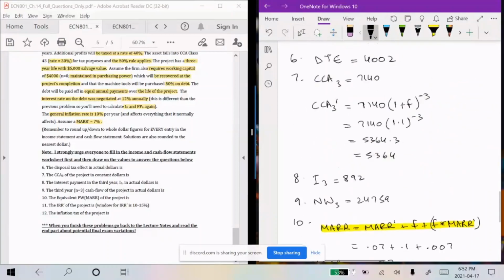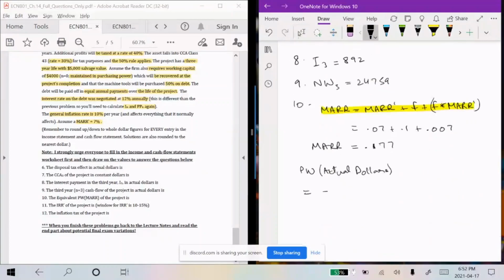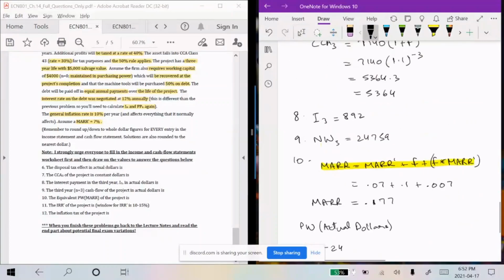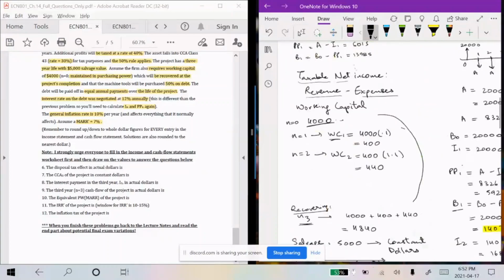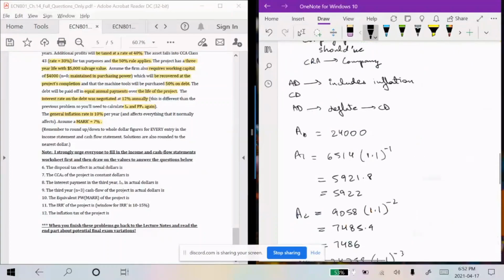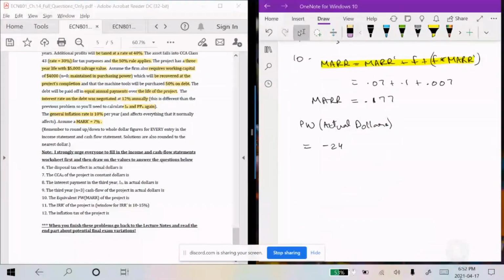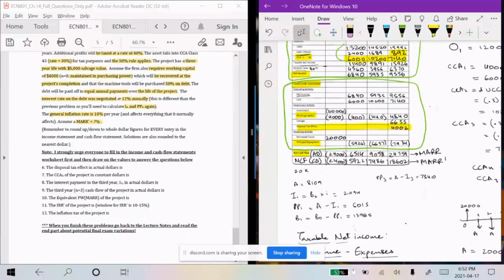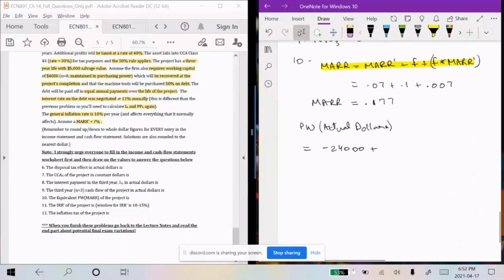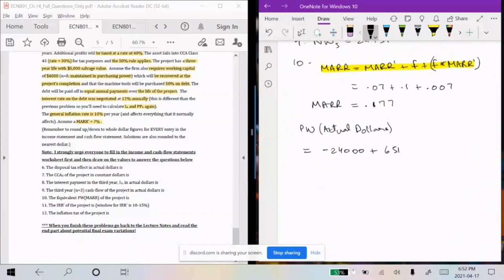So it's minus 24,000 plus 6514, taking it back one period, P given F at 0.177, one period.